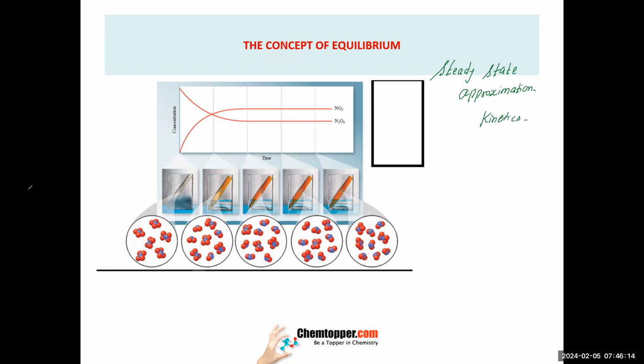Now let's try to understand equilibrium. First of all, I'm taking you to the whiteboard to make you understand the meaning. Equilibrium is the state of a system. You know the system, right? System, surroundings. It is the state of the system with the lowest energy.